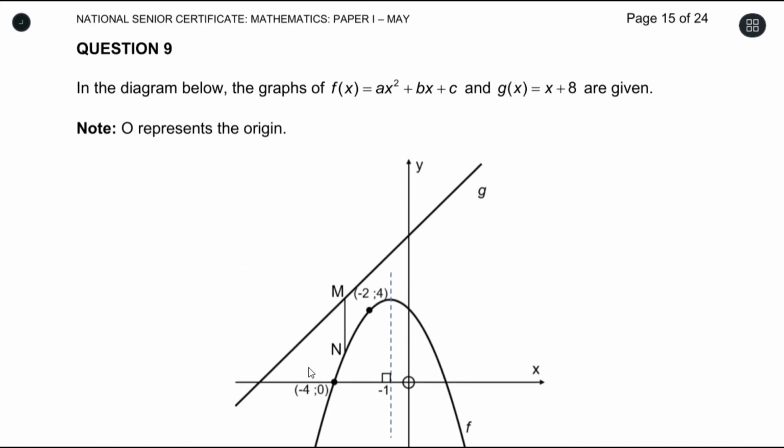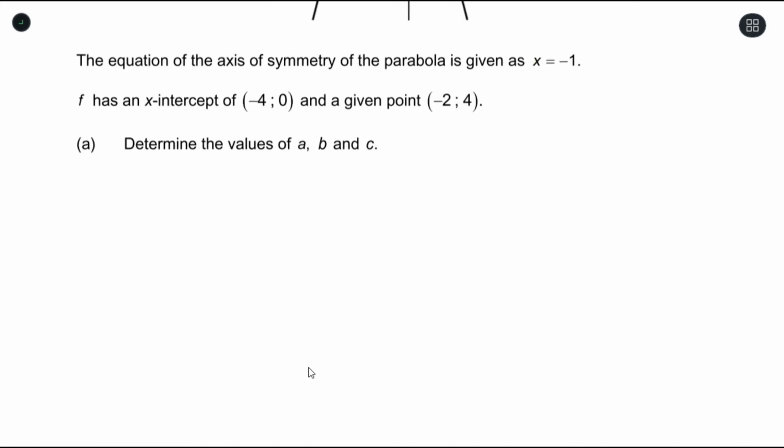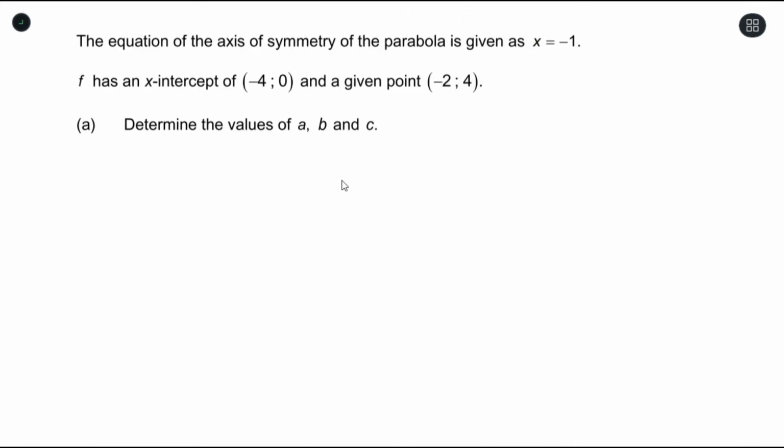Okay, so the a, b, and c comes from the equation of your parabola, right? So the equation of our parabola looks like this. So we need to kind of put it into this format.